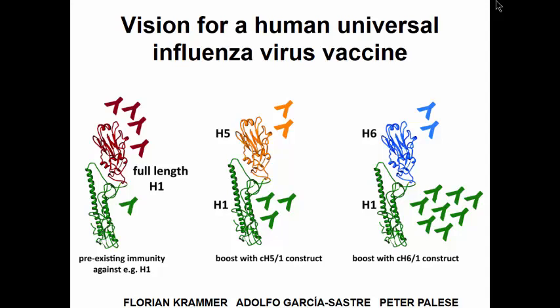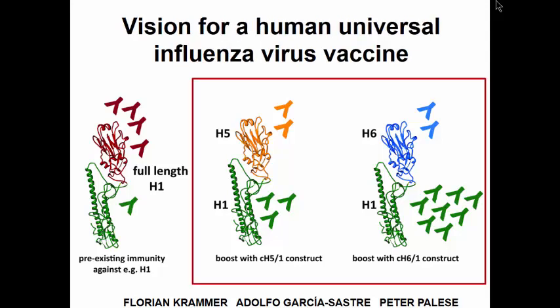So both the stalk and the neuraminidase are immunologically subdominant as compared to the head. But by using these irrelevant heads, we hope that this will induce an immune response which can be protective.